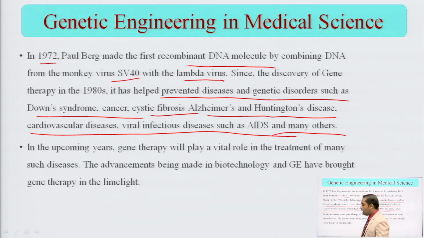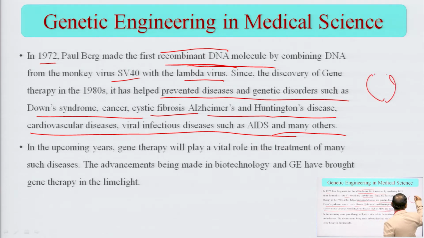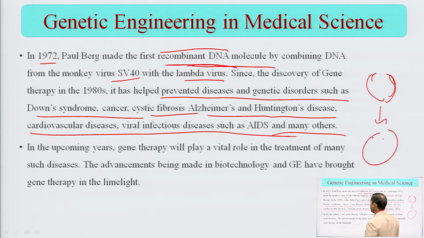You can see how much we are depending on this technology called recombinant DNA technology. Here, they took two viruses, fused the DNA from both, inserted it somewhere, and got something new.